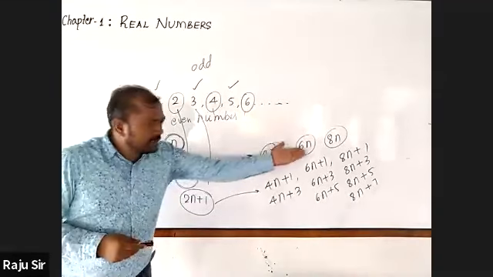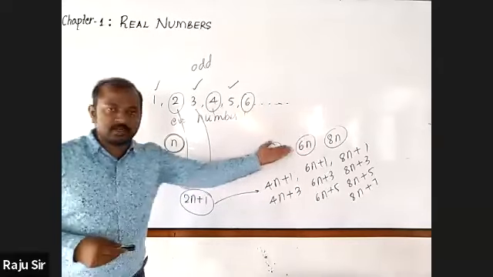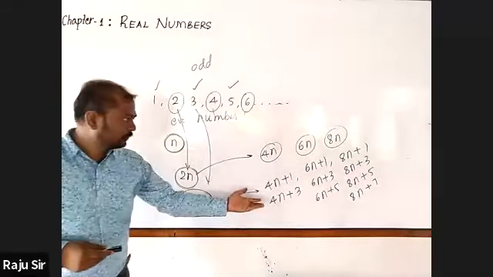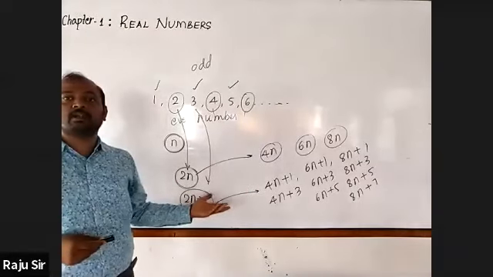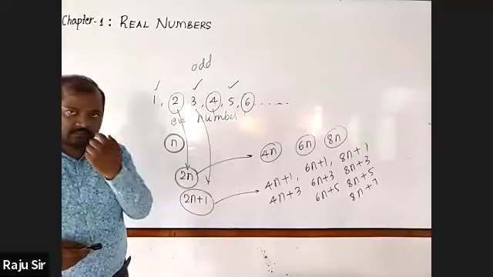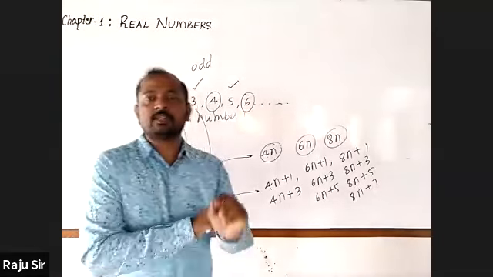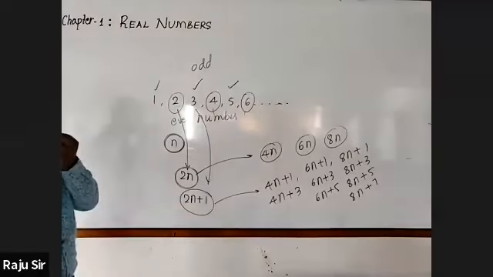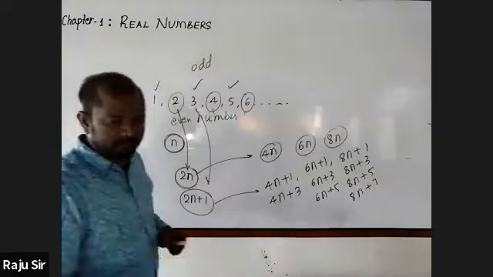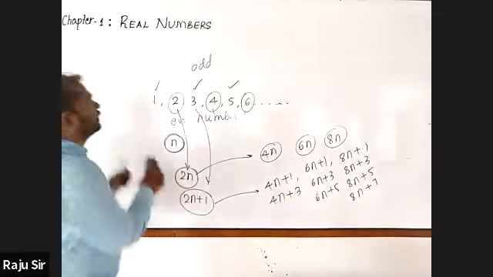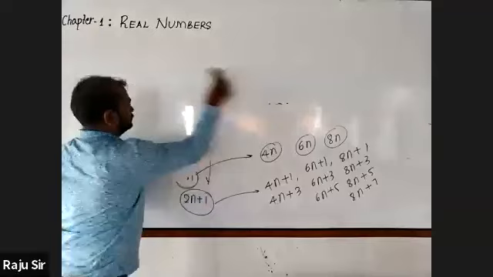So this is the way we can express the even numbers, and these are the different ways which we use for expressing odd numbers. Got it? If anybody is having a doubt, you can ask me. Now, if not, we shall move on to solve the problems. Right.